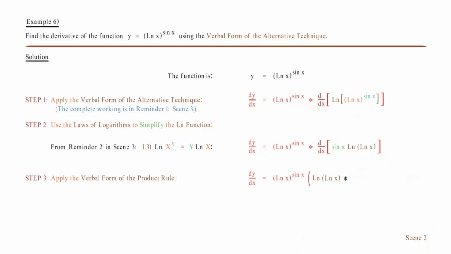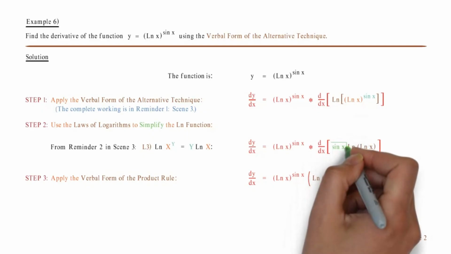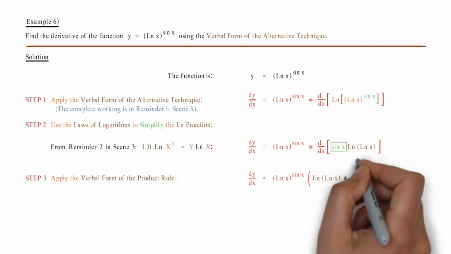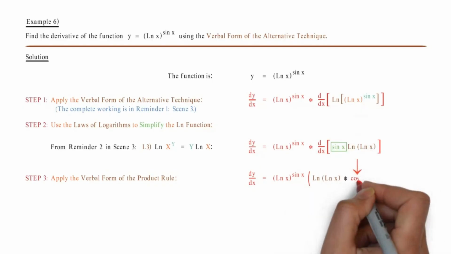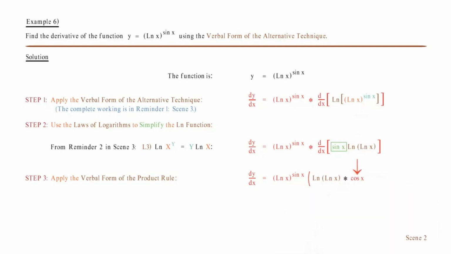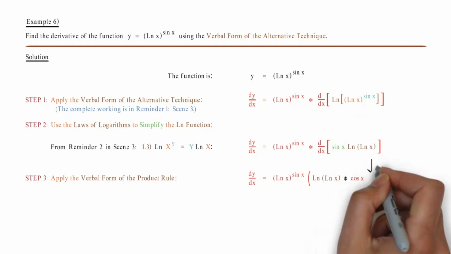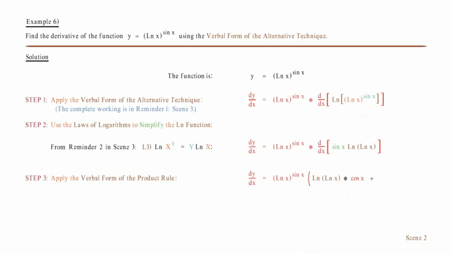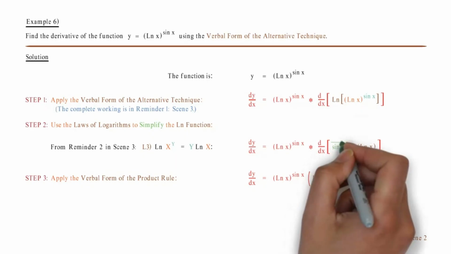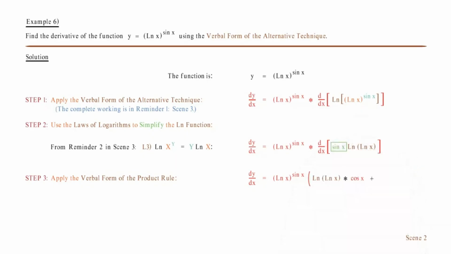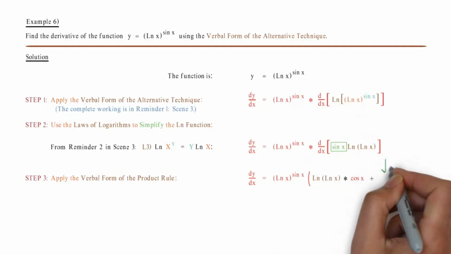The derivative of the first function is the derivative of sine of x, which is cos of x. Plus is plus. The first function is sine of x, so substitute.